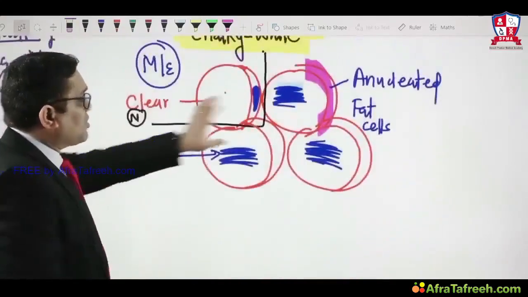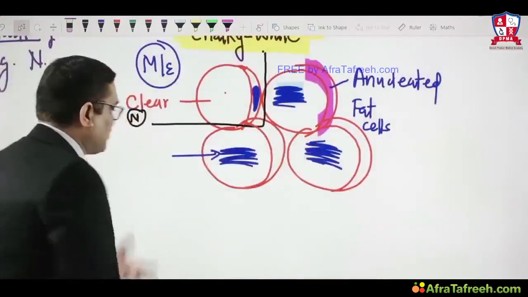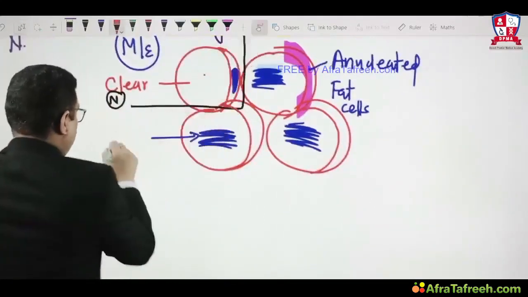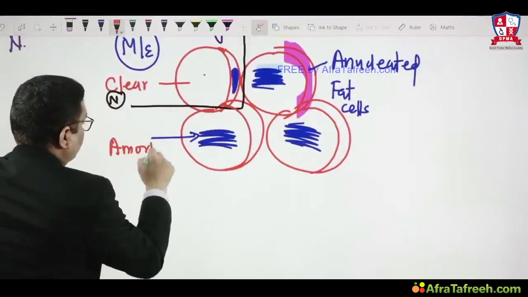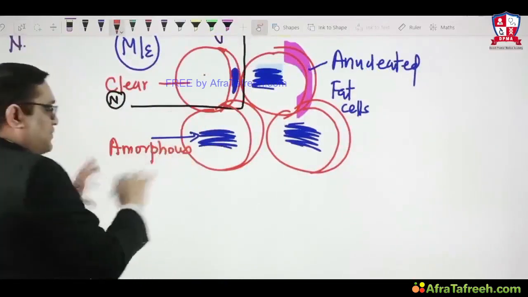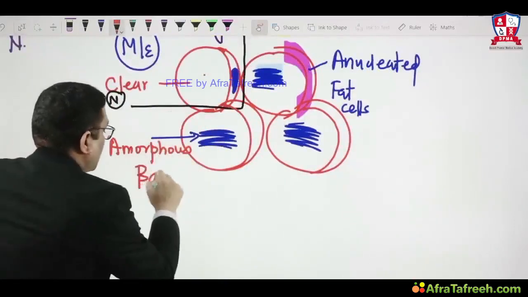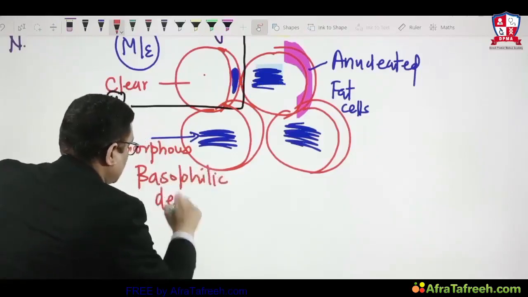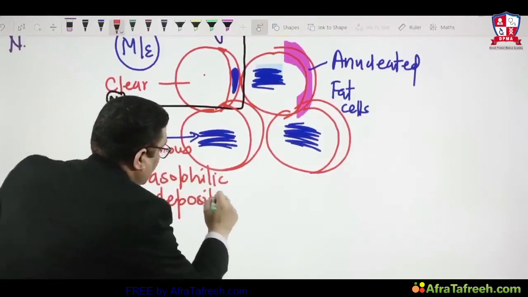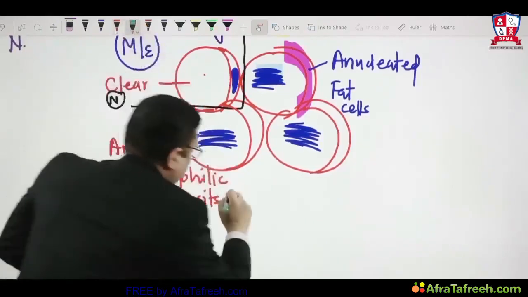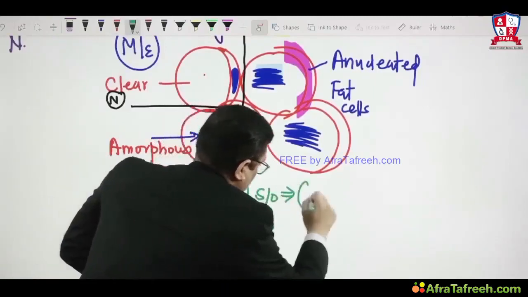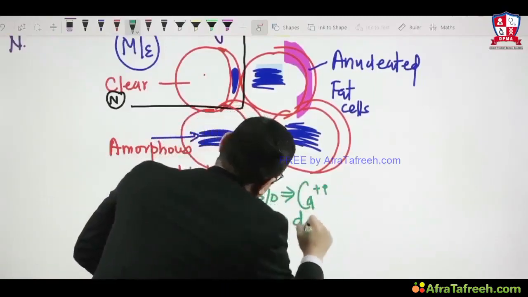And when you are seeing them on microscopic examination, how will this calcium be visible? So this is how we describe it: amorphous. Amorphous, no morphology. How is the color? Basophilic. Amorphous basophilic deposits are suggestive of calcium deposition.